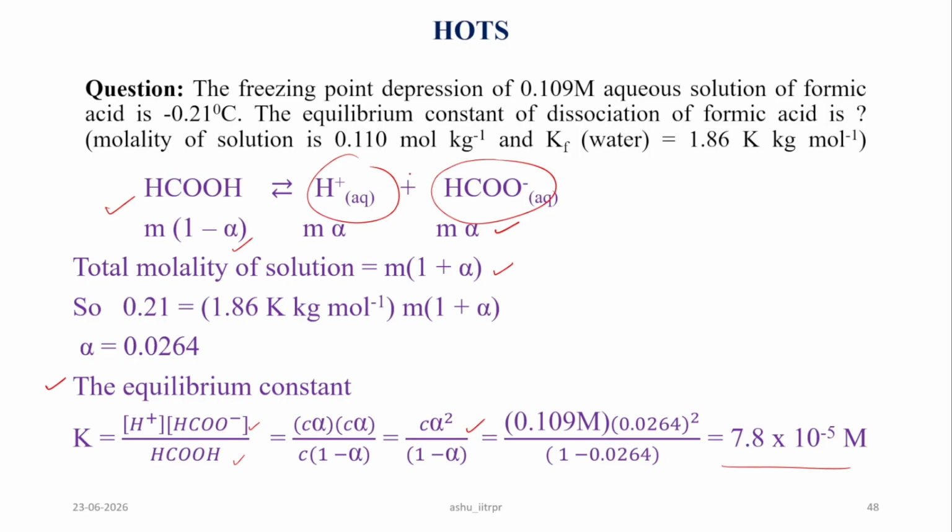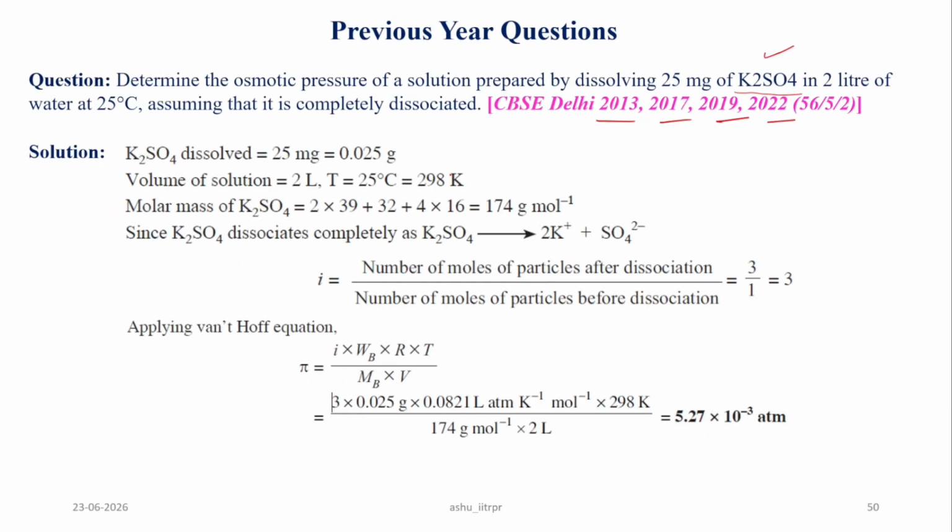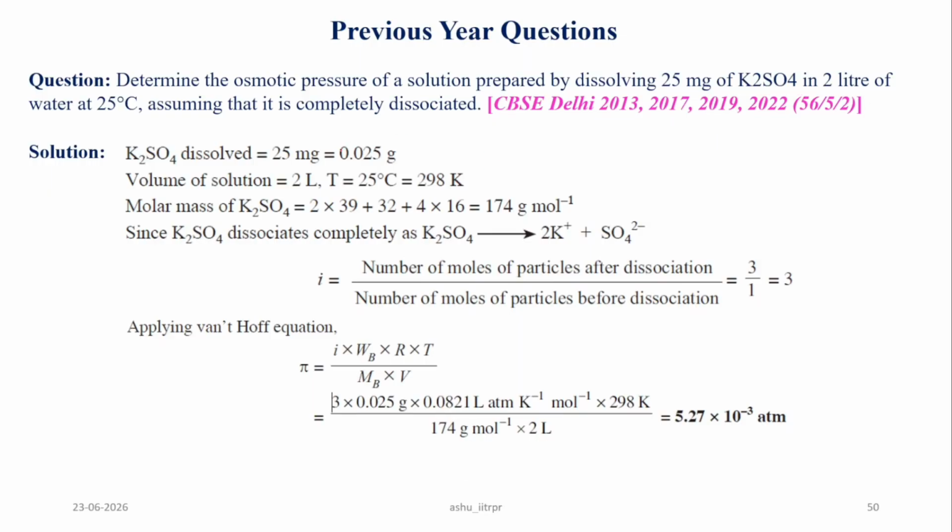In this case, it is a case of an electrolyte. Determine the osmotic pressure of the solution prepared by dissolving 25 mg of K2SO4 in 2 liter of water, assuming that it is completely dissociated. This is very important. Completely dissociated means alpha is 1.